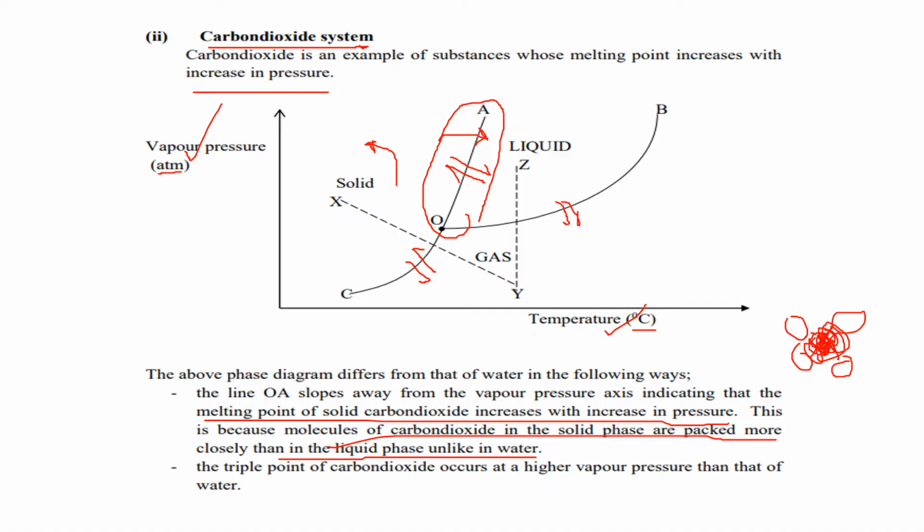Water forms intermolecular hydrogen bonds, and those intermolecular hydrogen bonds combine and form a tetrahedral, cage-like structure with a lot of spaces within the water as a whole or as a compound. That means that on freezing, it is going to have an increase in volume.